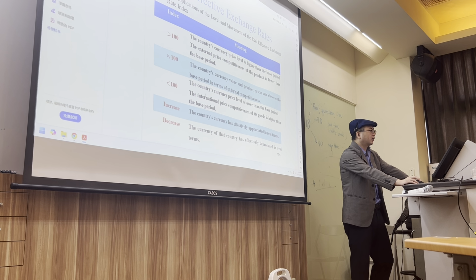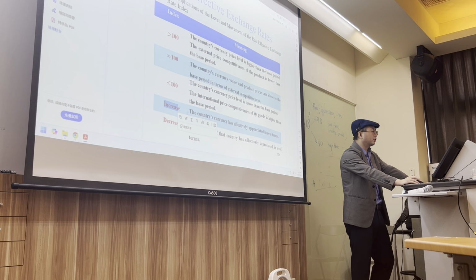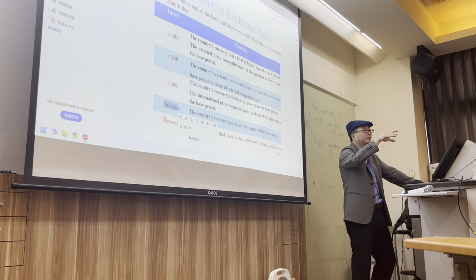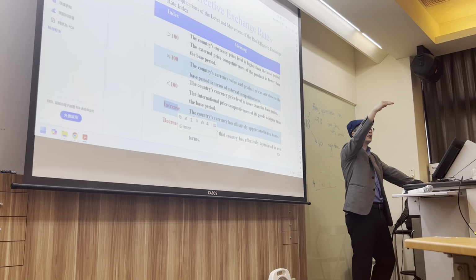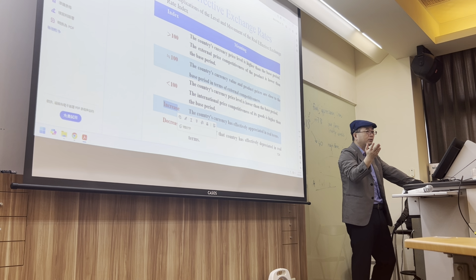Then we can see whether the number goes up or down. If the number goes up, this means the country's currency has effectively appreciated in real terms, meaning the value of the Taiwanese currency goes up. But is that really a good thing? You can take the angle of exports.